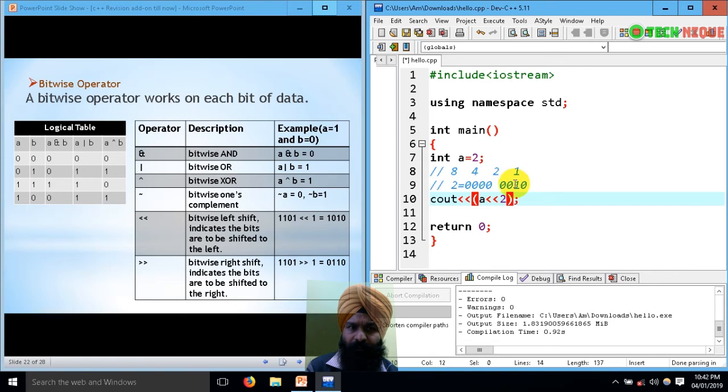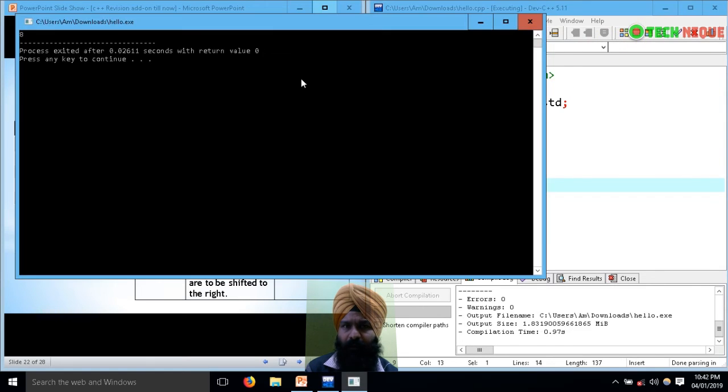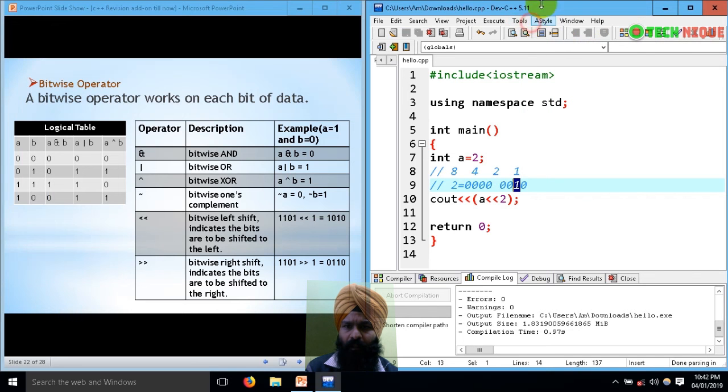So now the position of this true bit would be the 4th location, 1, 2, 3, 4. So 8. So I will have an 8 in this particular case. Similarly, you can shift right by as many steps as you like.